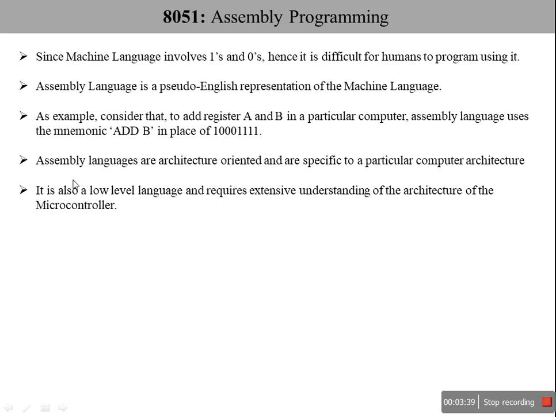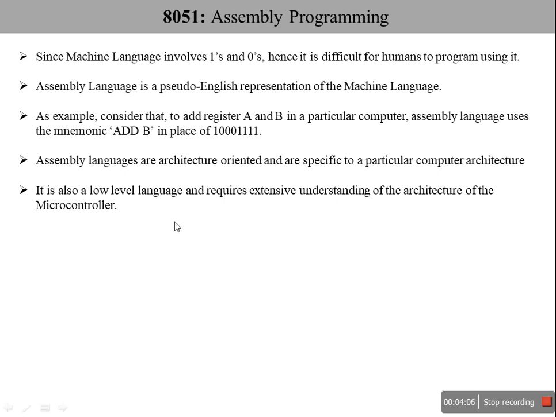Assembly languages are architecture oriented. That means they are very specific to a particular computer architecture. For example, the mnemonics I have used for the 8051 microcontroller, the same code cannot be used on an 8085 microprocessor. They are architecture oriented.